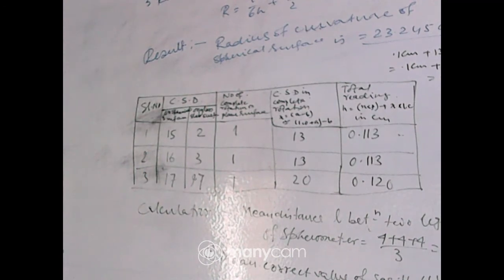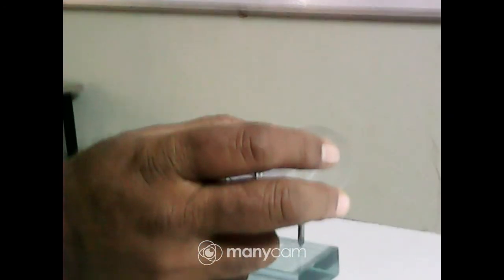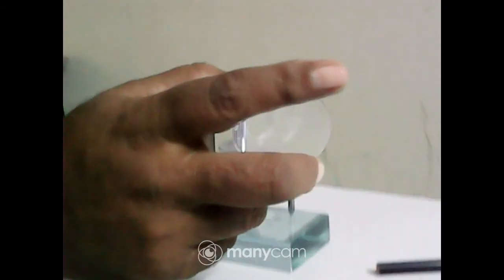With the help of this instrument, that value will be 0.1 only, because always you see the 8 divisions touching on the surface and again 8 divisions touching on the plane surface. So one complete division equals 1 millimeter, so that value will be 1 millimeter or 0.1 centimeter.